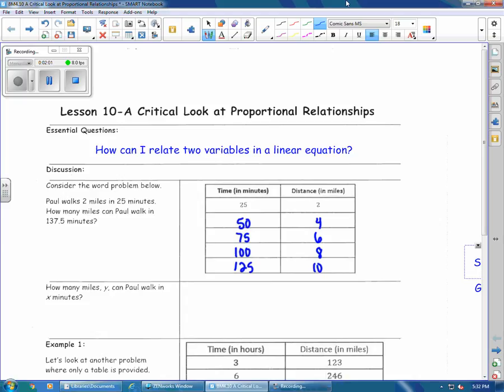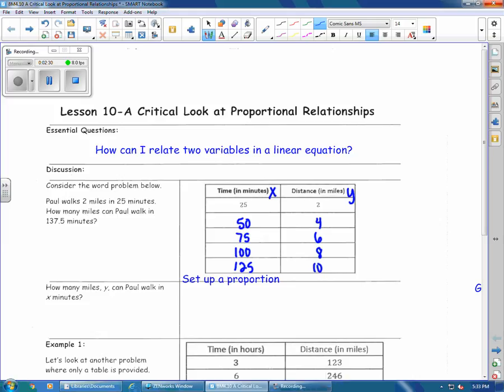I'm guessing already that you might have figured out that there's a more efficient way of figuring this out. So let's set up a proportion and see if we can figure this out more efficiently instead of having to fill out a whole table. We have two things that we're dealing with. We're dealing with time, and we're going to let x equal time, and we're dealing with distance in miles.